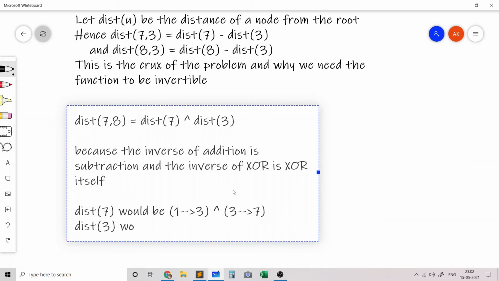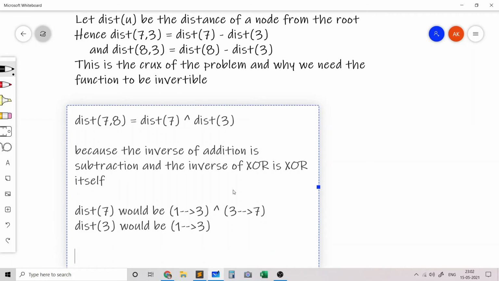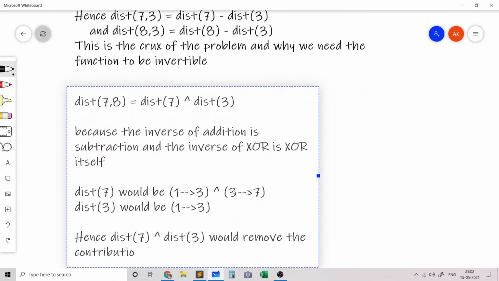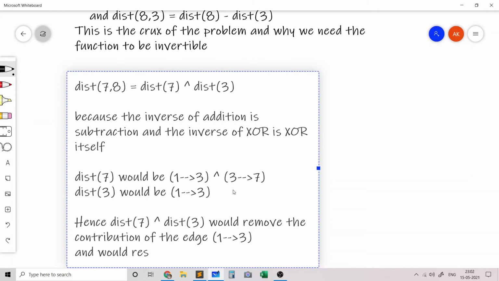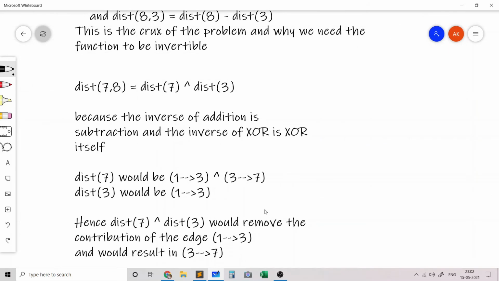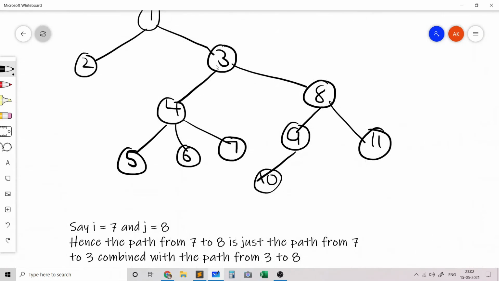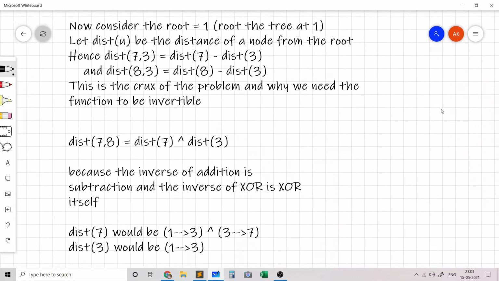And distance of 3 would be just the weight of the edge from 1 to 3. Hence distance of 7 XOR with distance of 3 would basically remove the contribution of this edge from 1 to 3 and would make it actually 3 to 4 and 4 to 7.